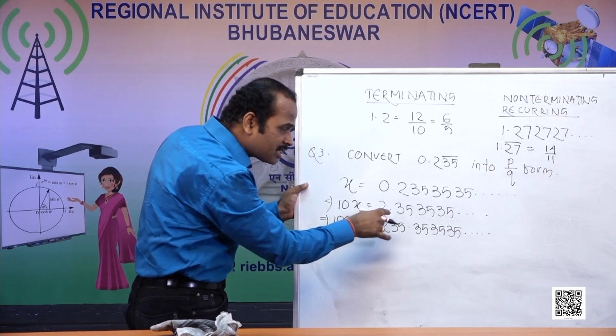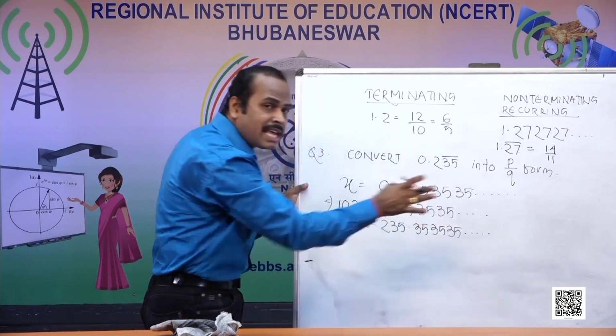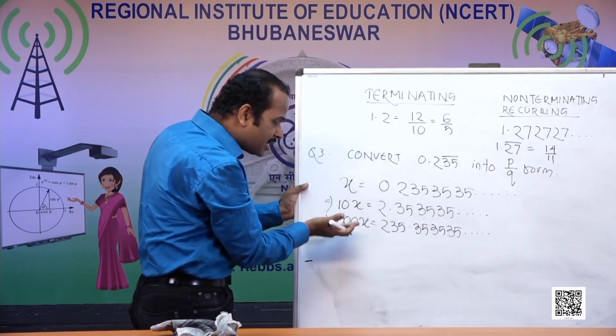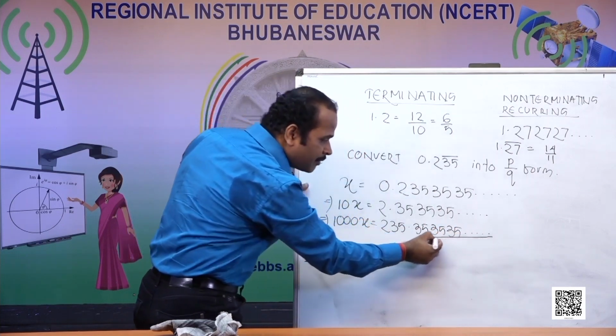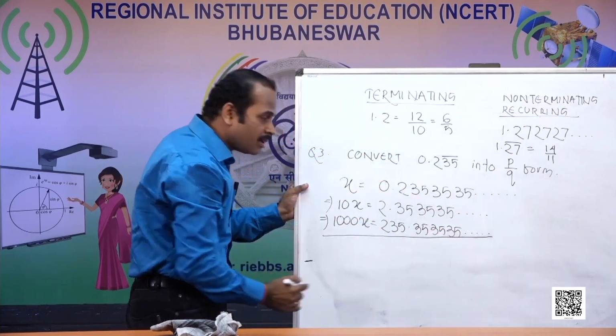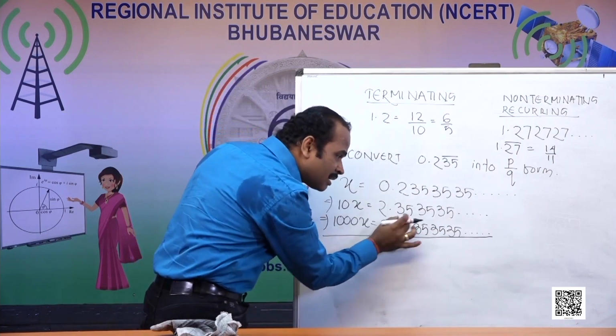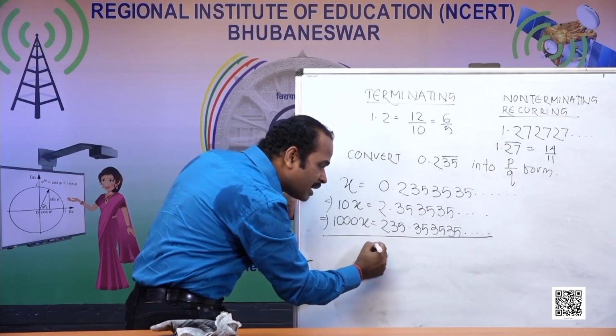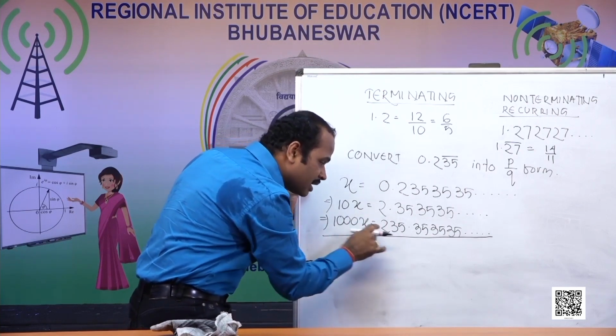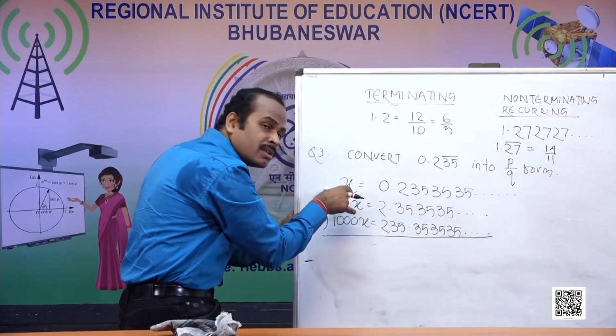Then I observe that between this 10x and this 1000x, the after-decimal portions are the same. So if I subtract 10x from 1000x, the after-decimal portions will cancel. If we subtract this 0.353535, they will be cancelled. So the remainder is only the difference of the integral numbers. That is 1000x, subtracting 10x.